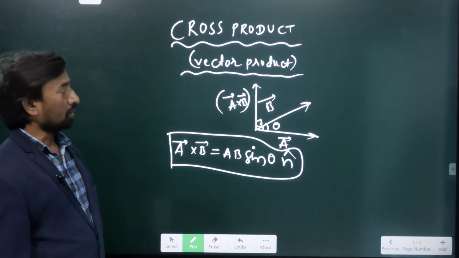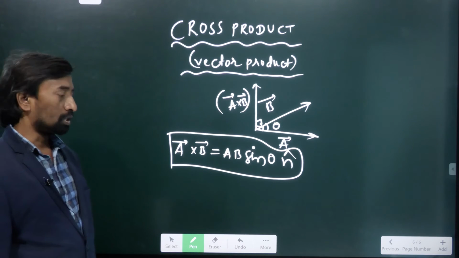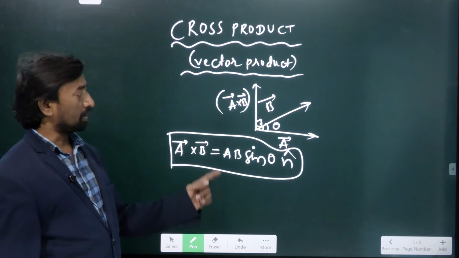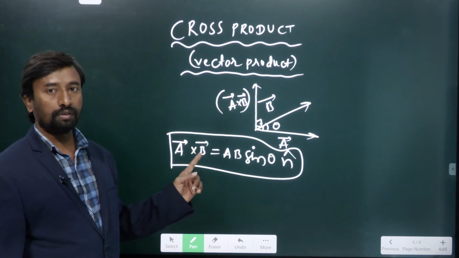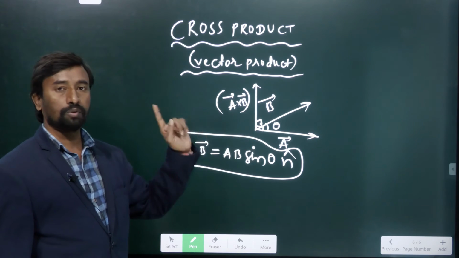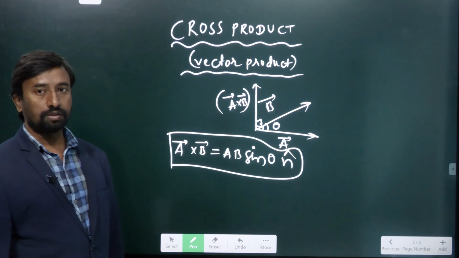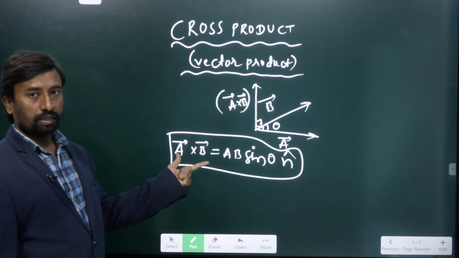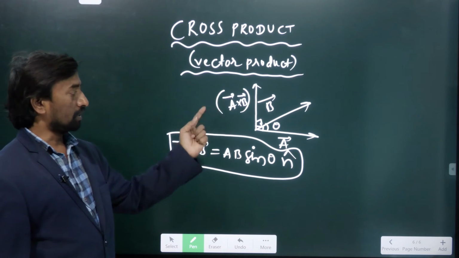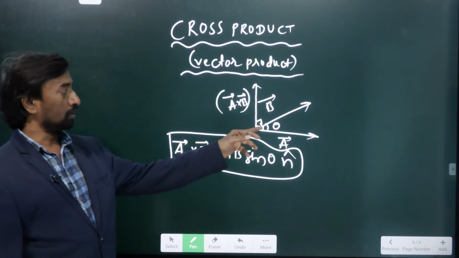So that is about the cross product. The cross product of two vectors is defined as the product of the magnitudes of the two vectors and the sine of the angle between them, and this cross product will be perpendicular to the plane of the two vectors.